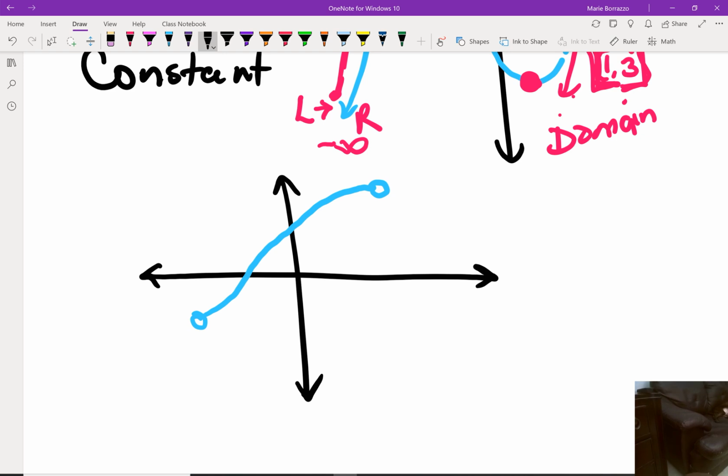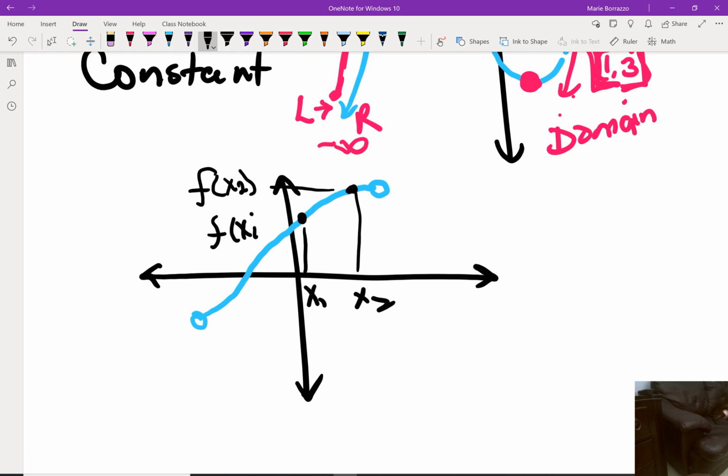So for example, let's select 2 points. Let's select this point here and this point here. When I compare these, let's say this is technically x1 and this will be x2. Notice that I'm now going to refer to f of x2 and f of x1 for that value.